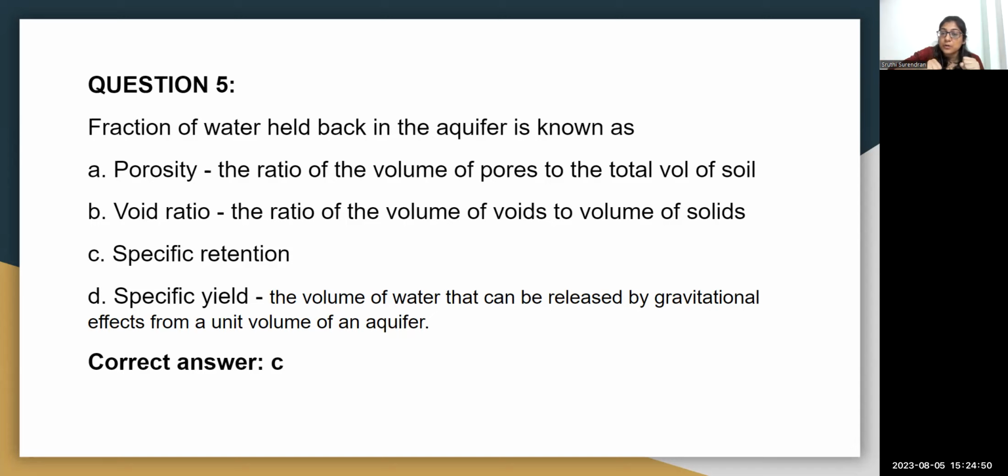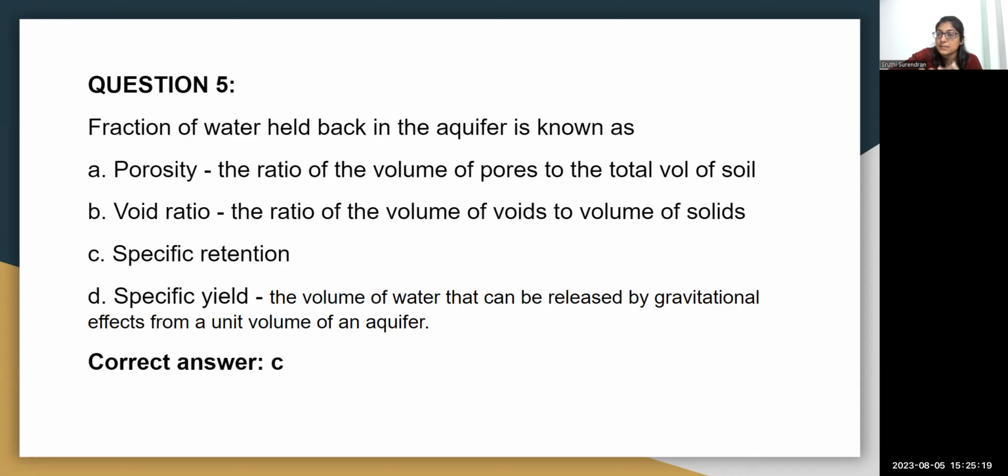Now, the volume of water that can be released by the gravitational effect from a volume of aquifer is what is called the specific yield. So when this water enters the soil sample, some amount of water is drained out because of the force of gravity. Whatever volume of water is drained out of the aquifer, when you consider a unit volume of the aquifer, is what is called the specific yield.